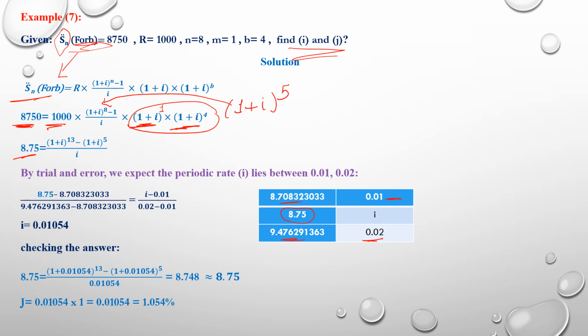So by dividing the difference between the internals over the externals, this is the internals, the difference between these internals, 8.75 minus 8.7083 equals I minus 1, over the externals, which are these values.